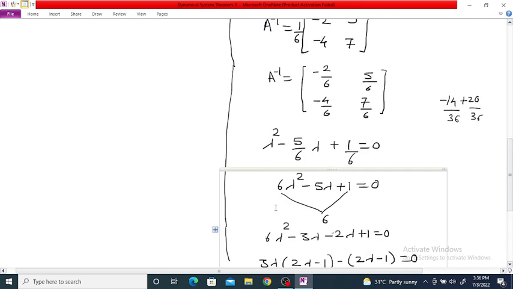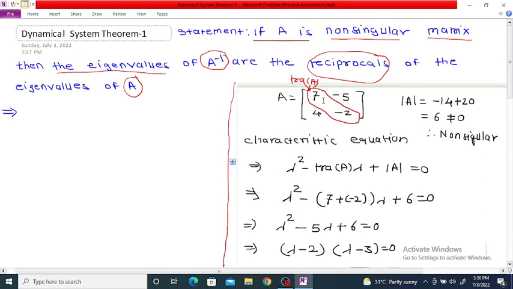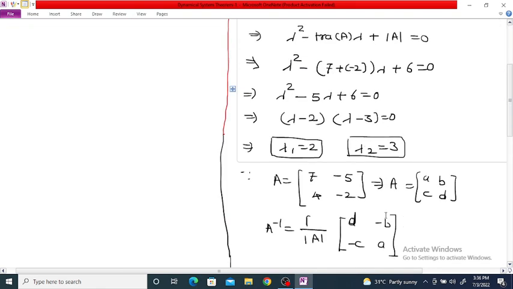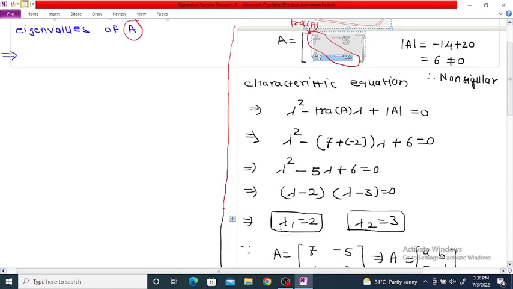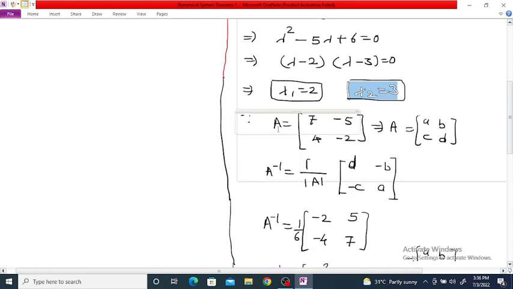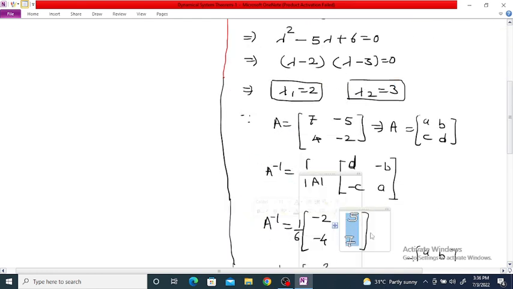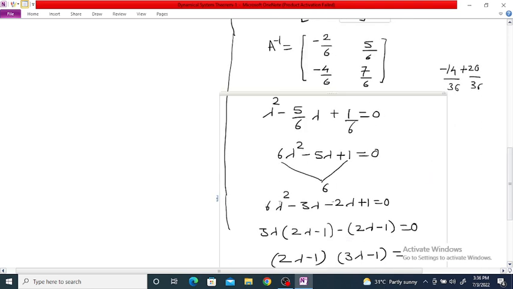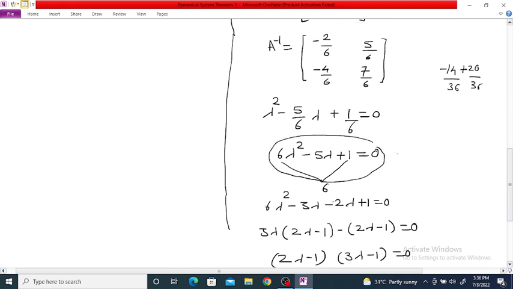So you can verify here, if A is the given matrix, its eigenvalues are lambda 1 is 2 and lambda 2 is 3, and next we find its determinant. This is the determinant of matrix A, and we find its characteristic equation. This is the characteristic equation of A inverse.